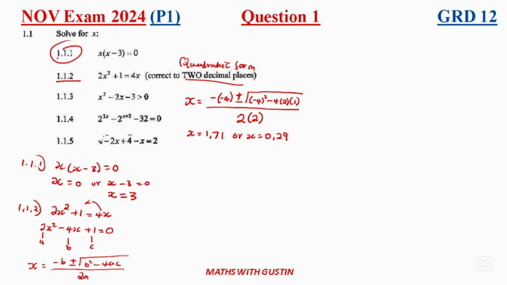So moving right along to 1.1.3, it says here it's an inequality: 2x squared minus 2x minus 3 greater than 0. So therefore in this one we're going to go straight away and look for critical values.